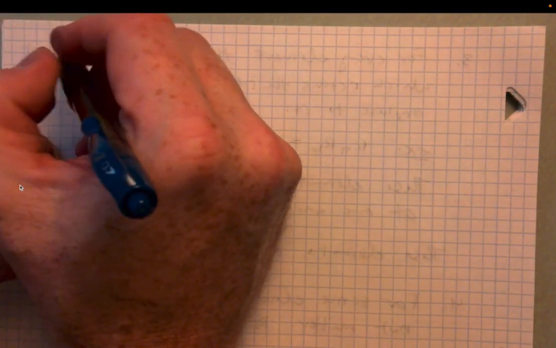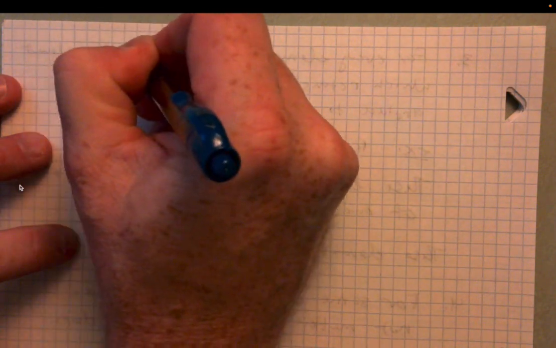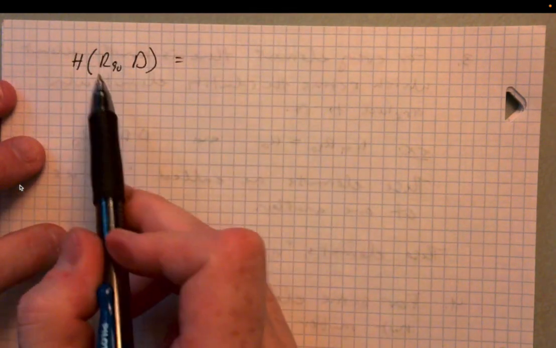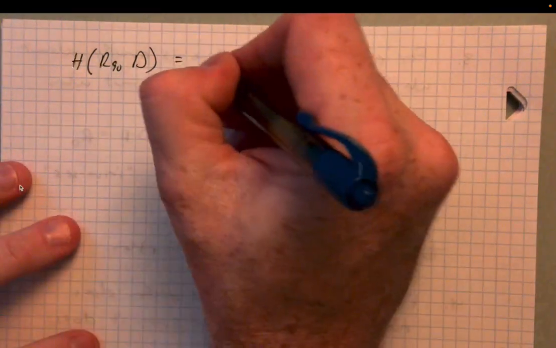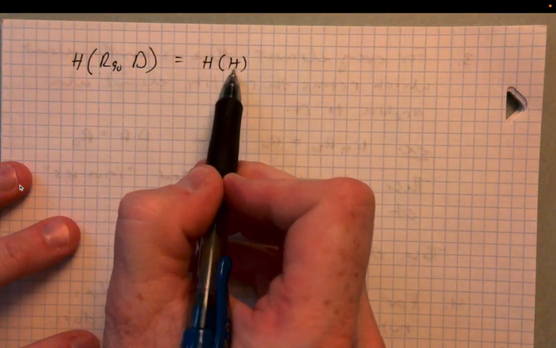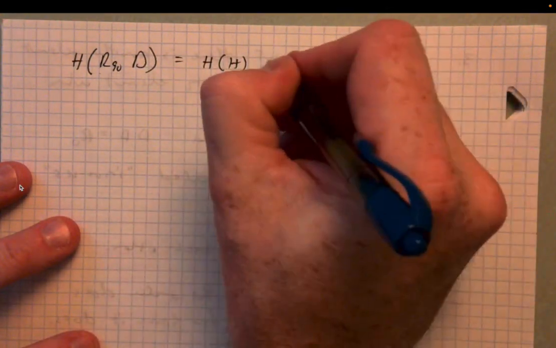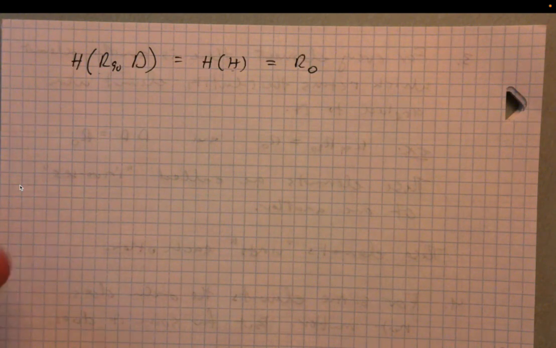Okay, so let's say we have H, then R90 and D. So if you look at the table and you see R90 composed with D, you'll see that that's H, right? So the R90 D is an H. And then an H and an H gets you an R0. Okay, so you could go check the table and confirm that that's true.